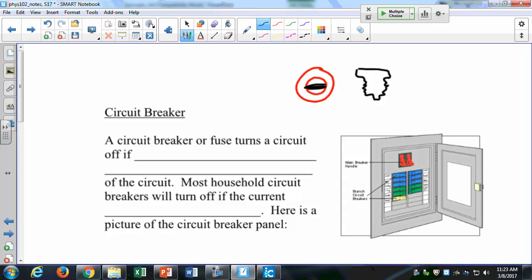Some fuses look like shotgun shells, but they're not shotgun shells. These work so that the current flows through this metal tab right here, and if you put too much current, it just burns up that tab, and then you pull it out and throw it away and put in a new one. So a circuit breaker or a fuse turns the circuit off if the current exceeds the safe capacity of the circuit.